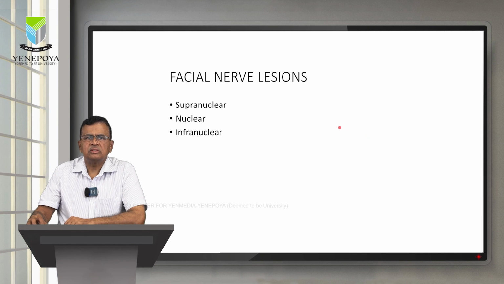To conclude, the facial nerve lesions can be divided into supranuclear, nuclear and infranuclear palsies.